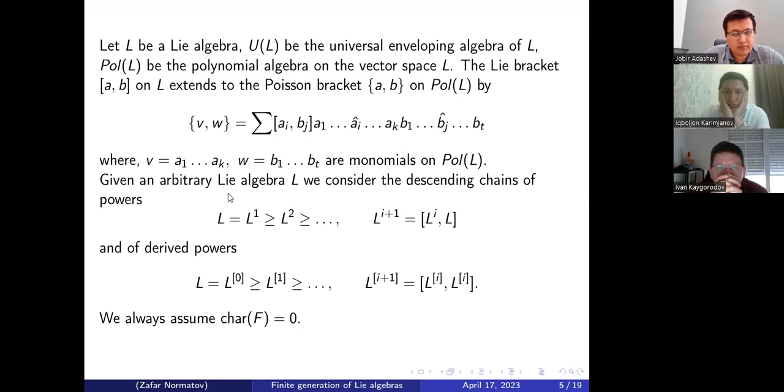And also, given an arbitrary Lie algebra, we consider the following two descending chains of powers and derived powers. And in the paper, it's assumed that the characteristic of the field is 0.